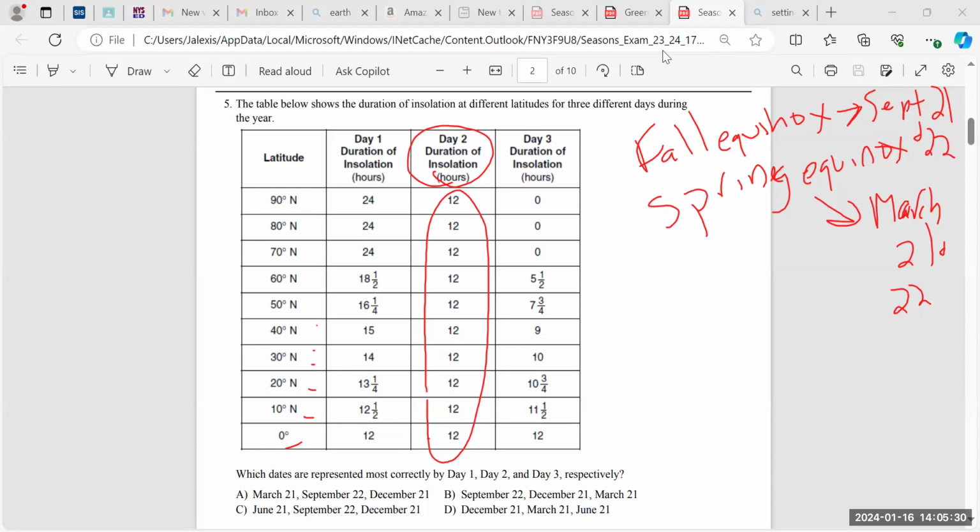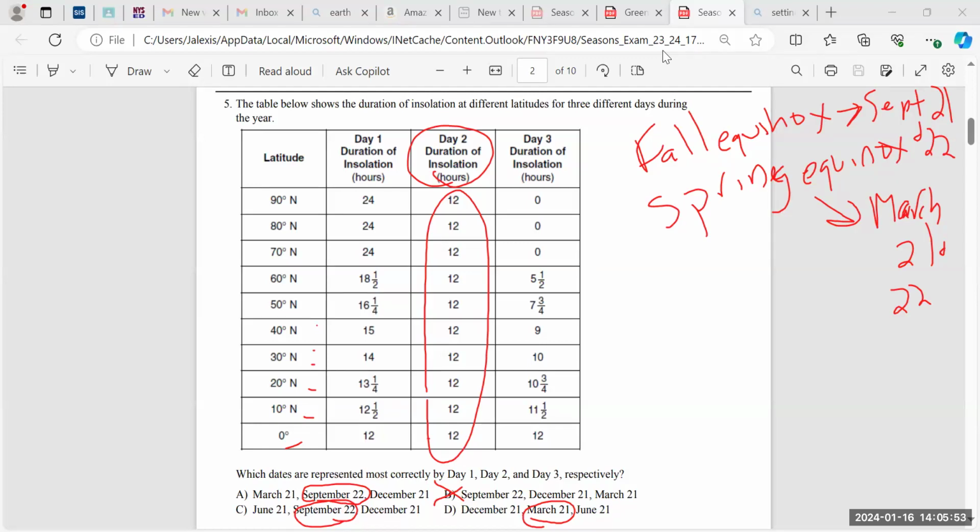All right. And when I look, I can automatically cross out B, right? Because day 2 should have a September date, September 21st or 22nd, or a March date. So B cannot be the answer so far. All right. Let's keep it going.